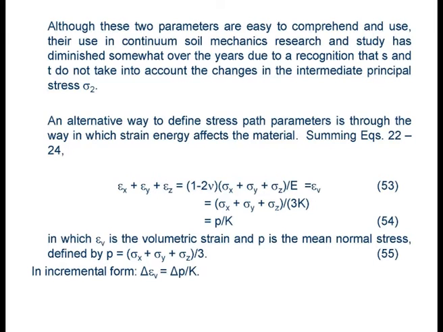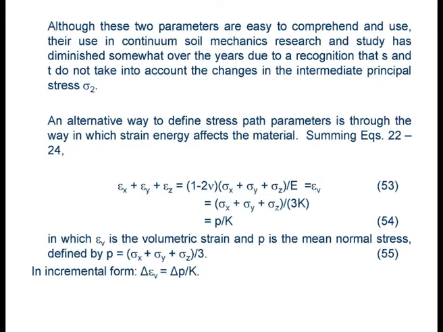Now, the first way of calculating the first stress path parameter is P. And P can be easily understood by looking at the volumetric strain. You remember the volumetric strain epsilon V is equal to the sum of the three normal strains. Correct? And from the three equations of the generalized Hooke's law that we dealt with earlier this morning, you can relate the sum of these three to the sum of the three normal stresses.